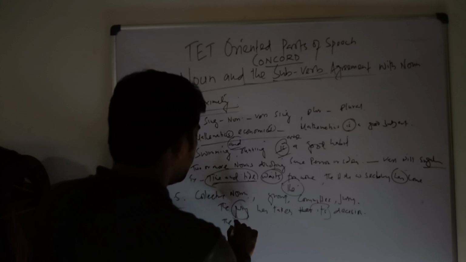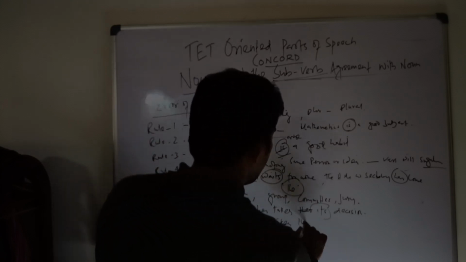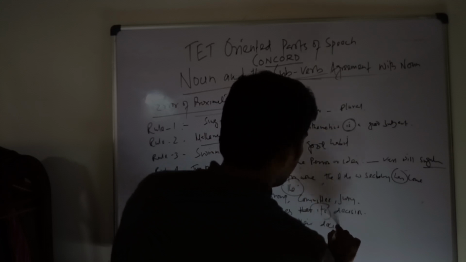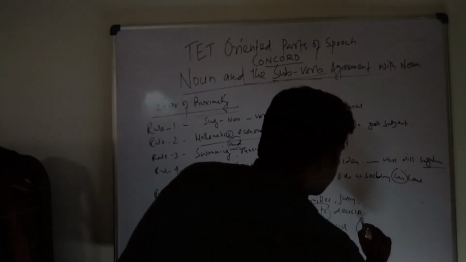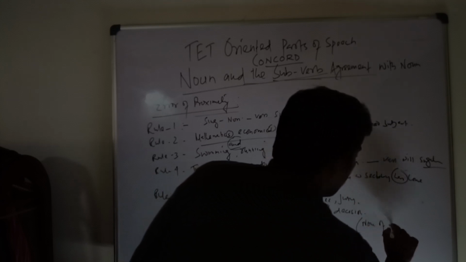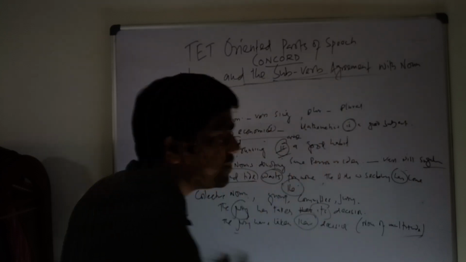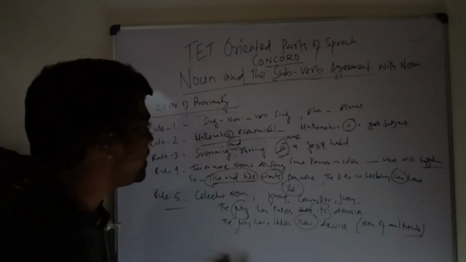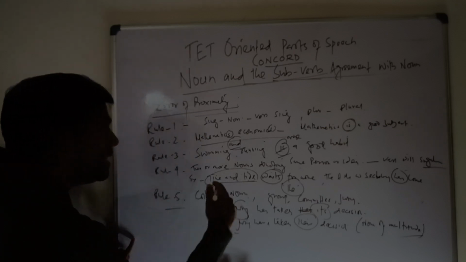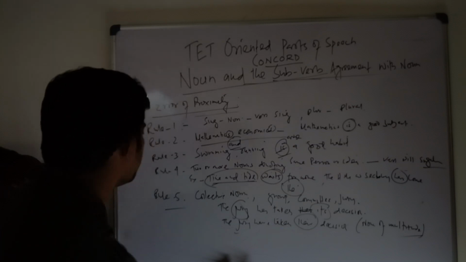But the jury have taken their decision. Here the jury is a noun of multitude. They are taken as separate entities. Well, good. This will apply to all collective nouns.